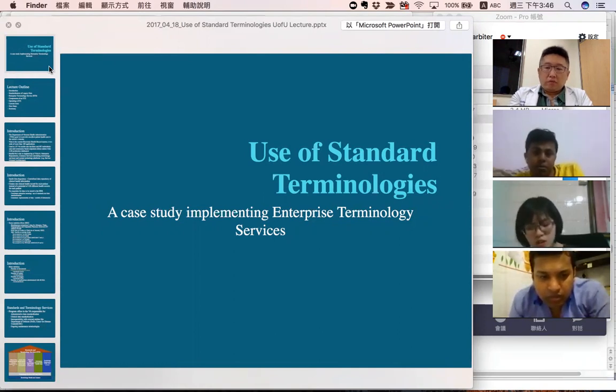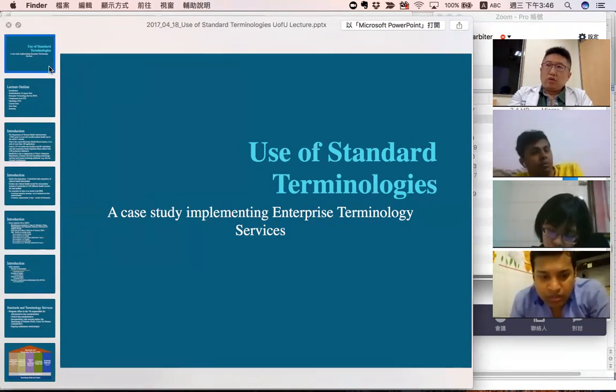I think the famous example is during the Katrina hurricane in 2005, when the hurricane destroyed New Orleans. All the hospitals were destroyed by the Katrina hurricane.